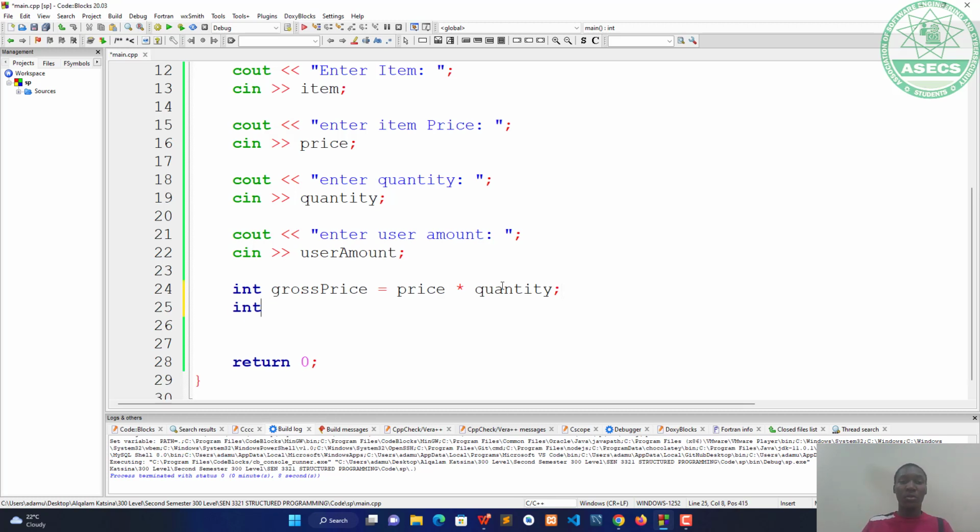Then here we will type what? Double total.